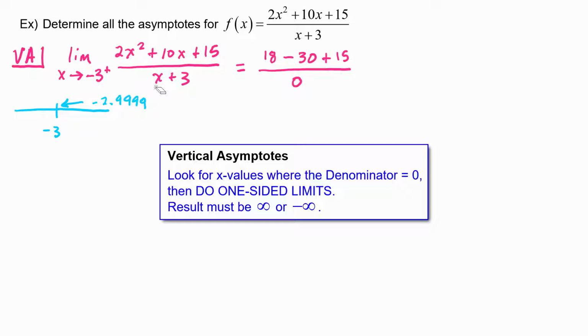So if we were to put a -2.999 and add 3, that's going to be a tiny positive number. So now the numerator simplifies to 3. The denominator is a 0 plus. This goes to positive infinity. Therefore, there's a vertical asymptote at x equals -3.